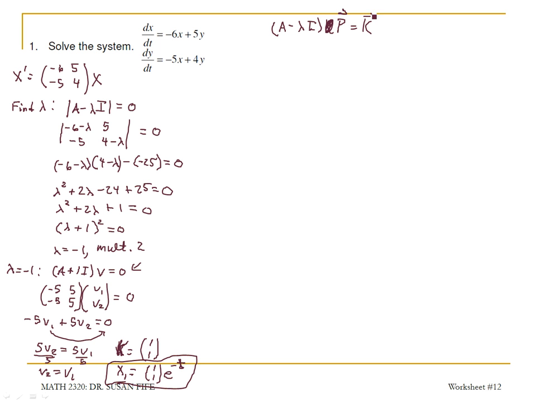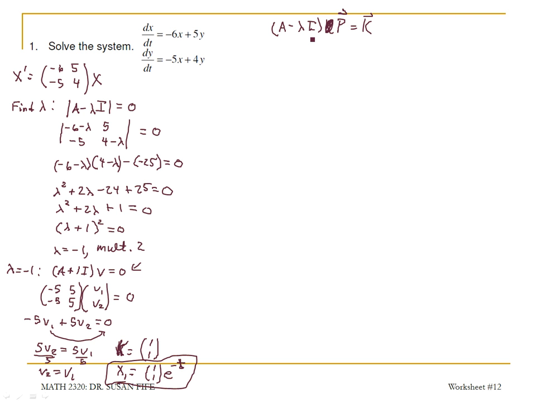And again, these are vectors. And in this case, lambda is -1. So I want to construct a solution, and before I go on, the equation that we're using here, A minus lambda I times p is equal to k, the derivation for this equation is given in your textbook.